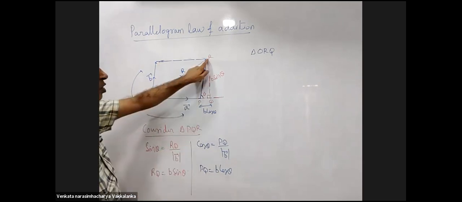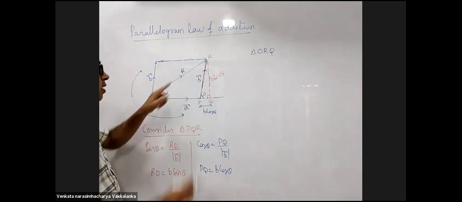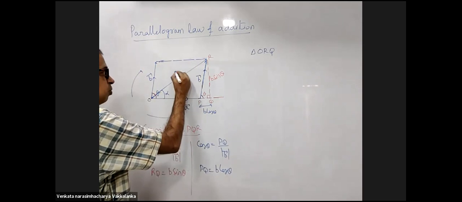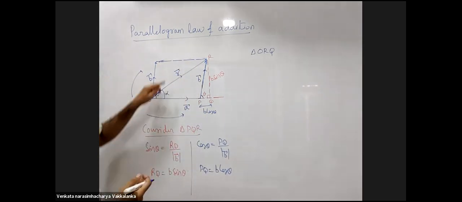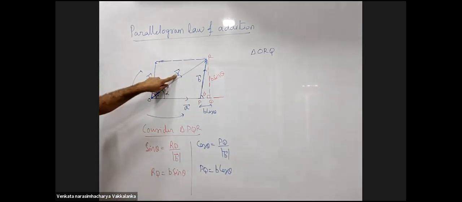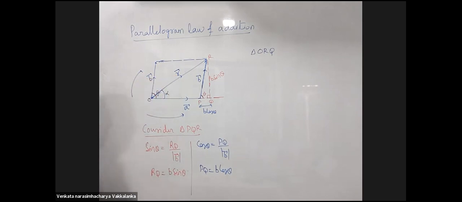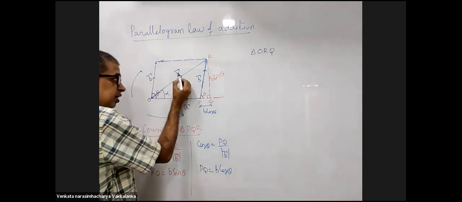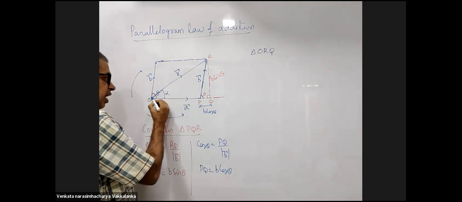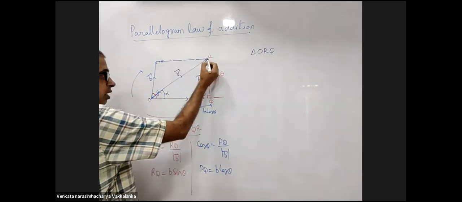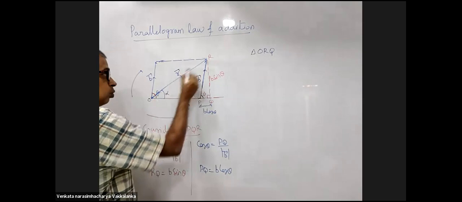I shouldn't have done this. This point is also named as R. Resultant, I'll call it as small r temporarily to be on the safe side. Don't use the same symbol. I am interested in small r, which is the hypotenuse of the triangle ORQ.